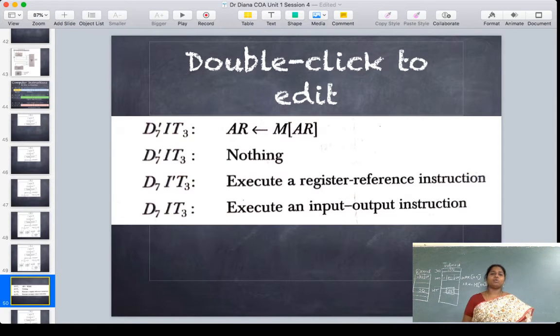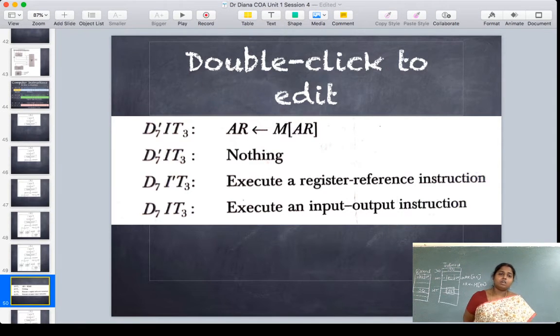So the content of the memory location addressed by the address register should be brought inside the address register. And for D7-I dash-T3, I am not going to do anything. When I value is 0, it means that it's a direct access.